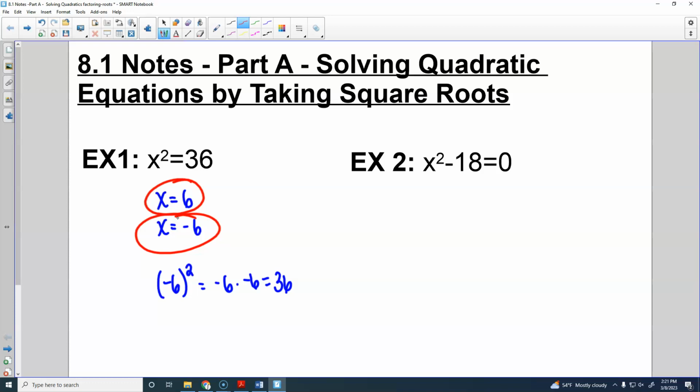So, let's look at this next problem and think about how we could solve this problem. Nobody is going to be able to find the answer off the top of their head for this one. There's no way you'll get the decimal right.